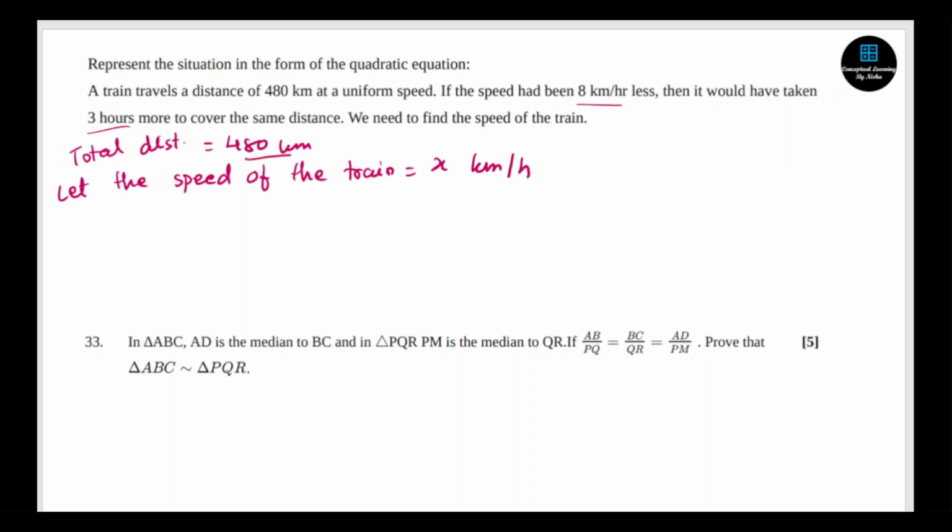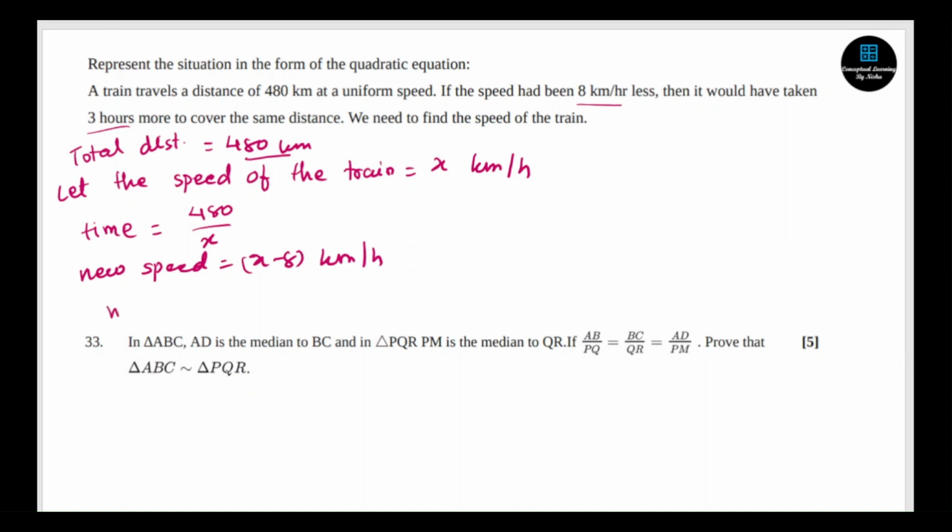See, here distance is given in kilometers, time is in hours, so I am taking this as kilometers per hour. Alright. So the time required, time equals distance upon speed. So it is 480 upon x. Now, if the speed decreases by 8 km per hour, the new speed equals x minus 8 kilometers per hour.